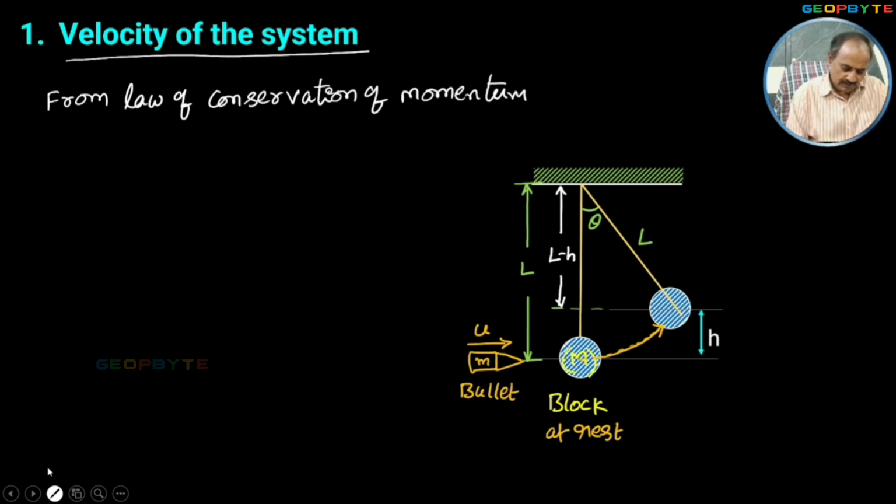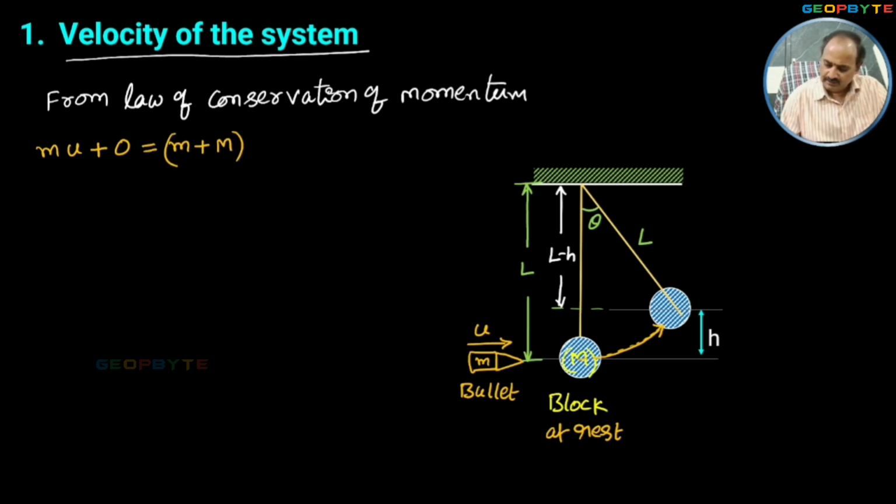From the law of conservation of momentum, the total momentum before collision is the bullet mass small m multiplied by u. Since the block is at rest, its momentum right before collision is 0. It must be equal to the combined system, that is small m plus capital M, moving with the velocity v.